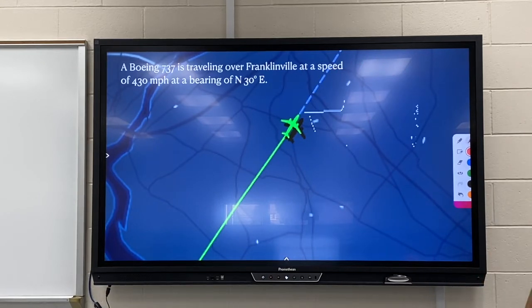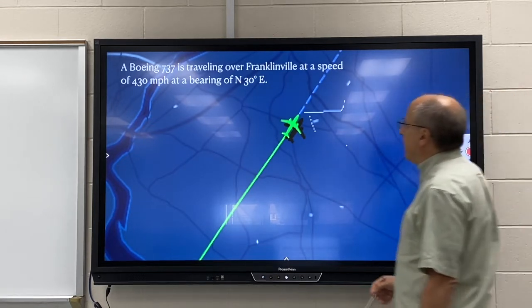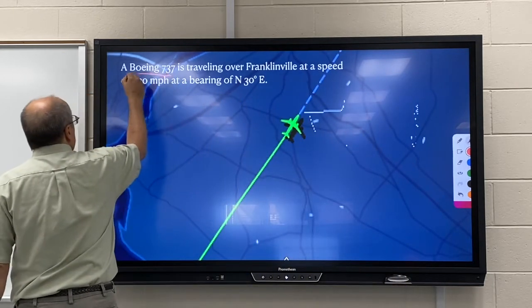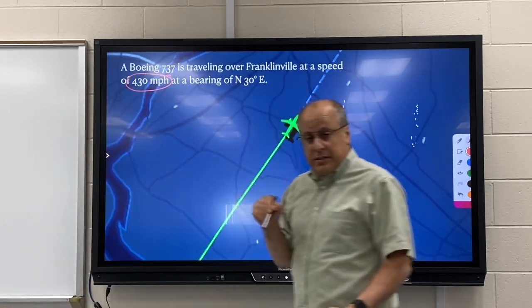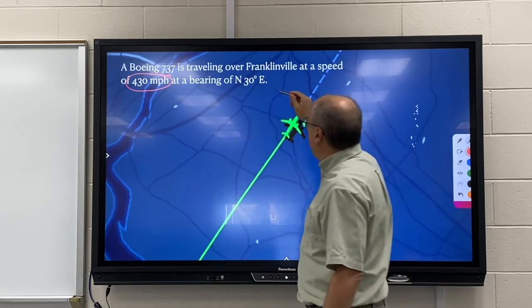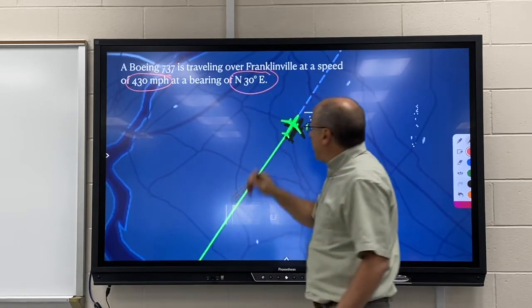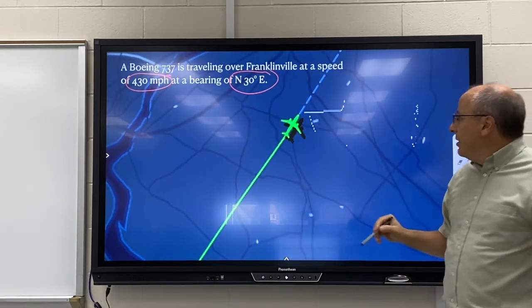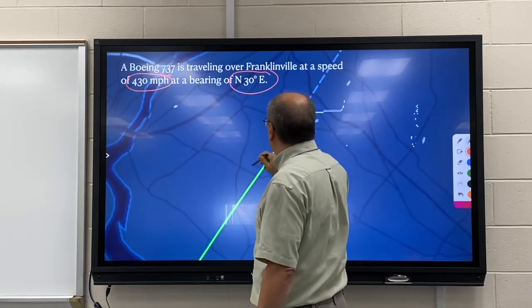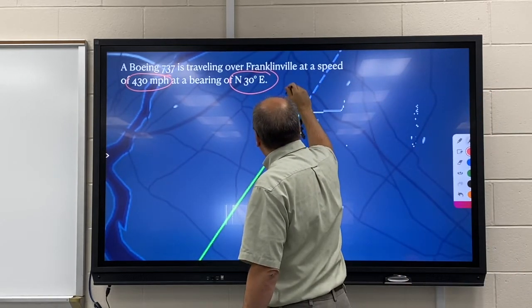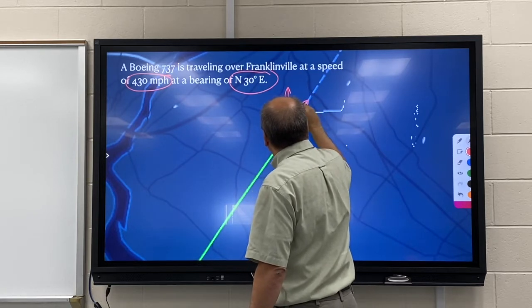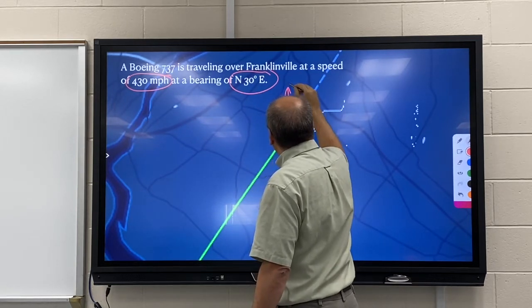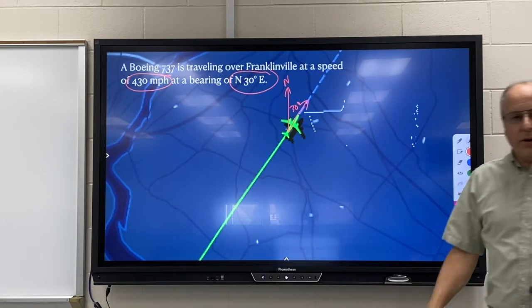Oftentimes with airplanes, they will give what's called the bearing of the airplane. Sometimes it'll be called heading, although that is slightly different. Okay, but they'll write it like this. How fast, and then they'll give the angle but they'll specify that this angle is 30 degrees east of north. So the plane is heading 30 degrees east of north.